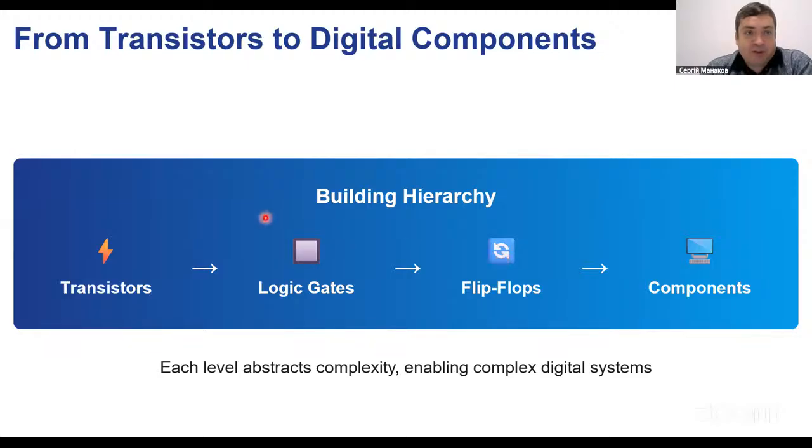Now let's move next, and briefly consider the building hierarchy of computer digital devices. At the lower level, we have transistors and diodes. As you know, modern CPUs and digital device chips have millions of transistors on board.